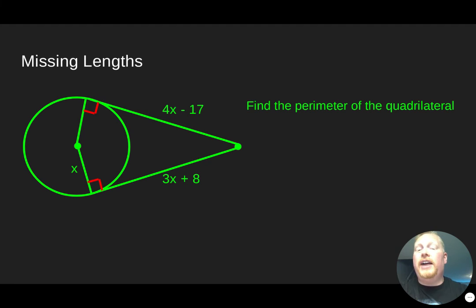Now, what if instead of finding x, they said find the perimeter of the quadrilateral? So they want us to add up all four sides of that quadrilateral. Well, now that we know that x is 25, we can go ahead and plug those in. So 4 times 25 minus 17, that's 100 minus 17, that's going to be 83. 3 times 25 is 75. 75 plus 8 is 83.